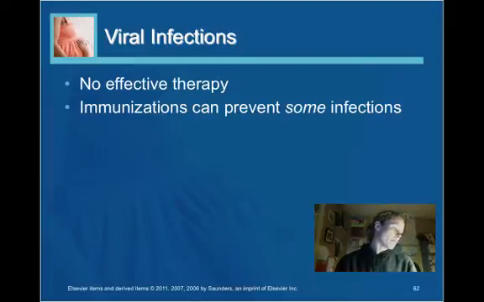However, an infant who is born to a woman who has an active viral infection, such as varicella, can be at significant risk because of the lack of a robust immune system.